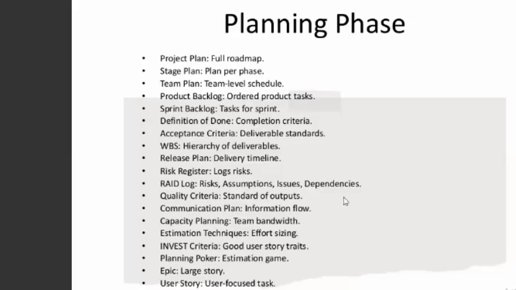WBS is what we call work breakdown structure. That's the acronym WBS. So anytime you hear WBS, it is the same as work breakdown structure. It just highlights the different work items to be done and breaks them down into manageable bits. Now, the difference between a work breakdown structure and a sprint backlog is that you don't prioritize a WBS.